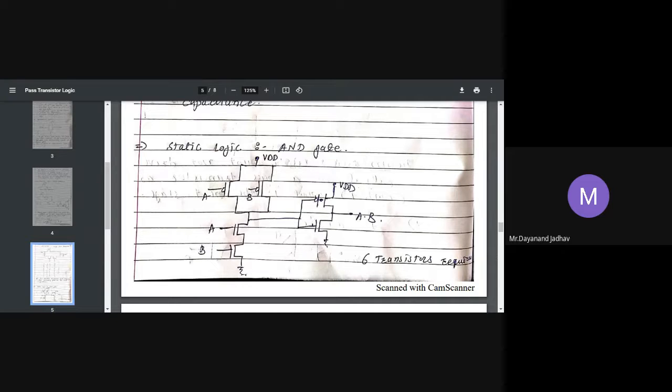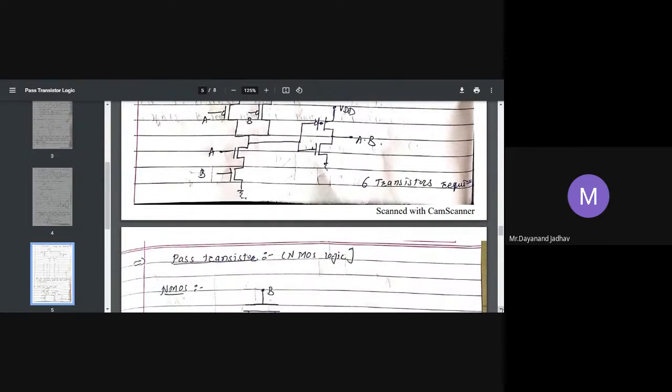Then how to design the pass transistor logic? Total six transistors are required when we consider the static logic for the AND gate using simple pull up network and pull down network.